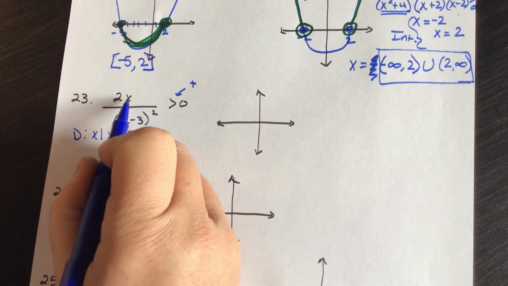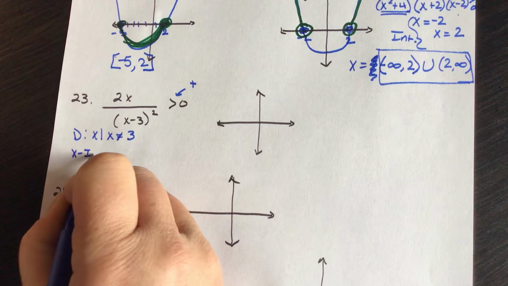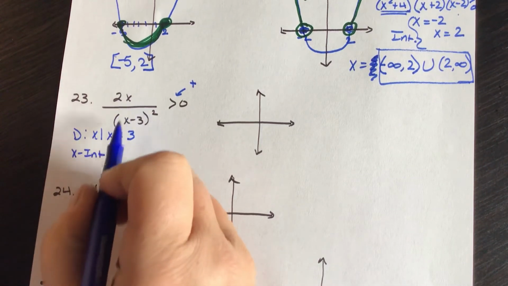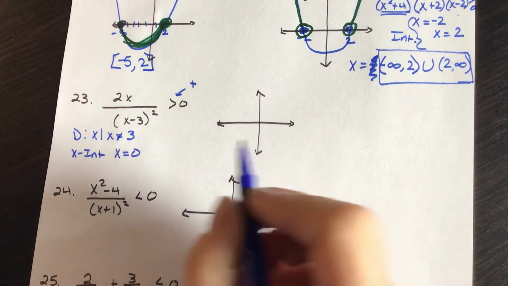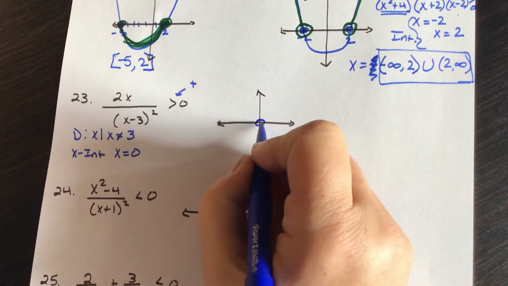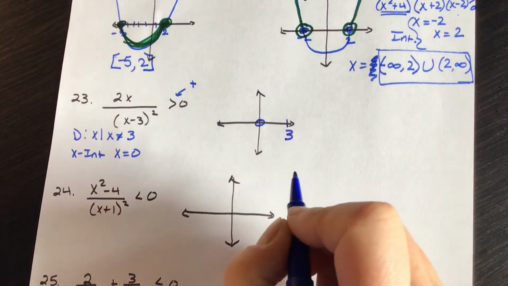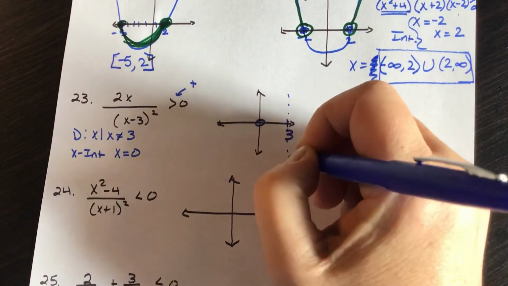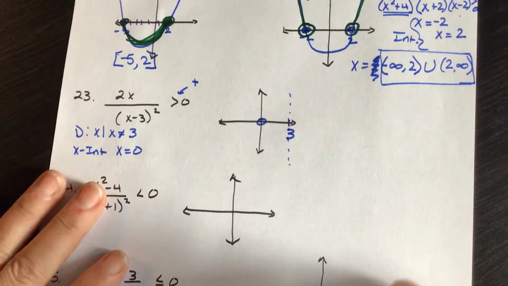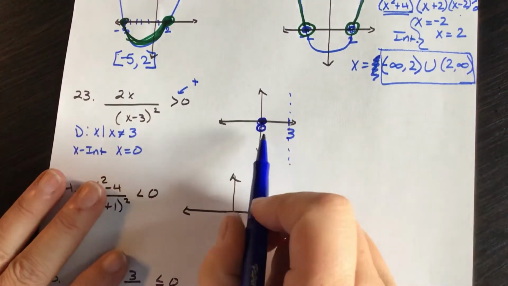And for my x-intercepts, I have x equals 0. So I have x equals 0 and x equals 3 that are important for my x values. And this is actually a vertical asymptote. And this is an x-intercept.